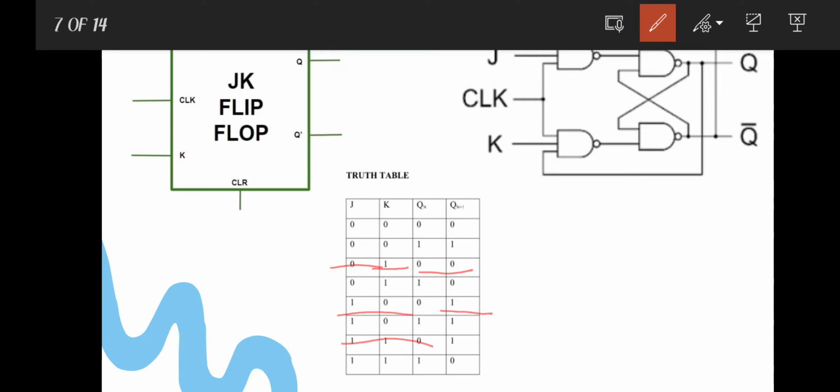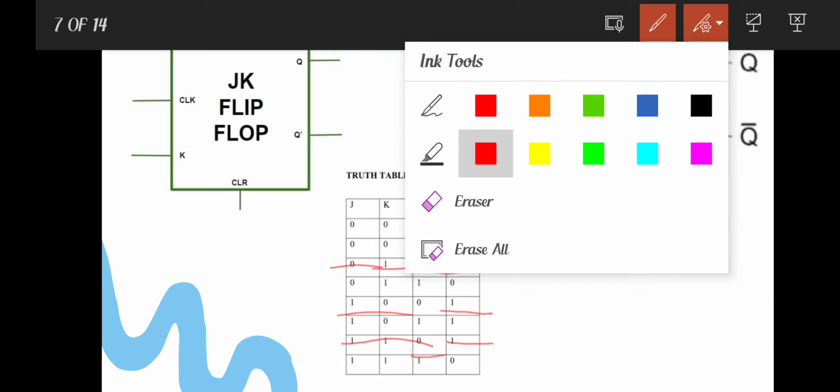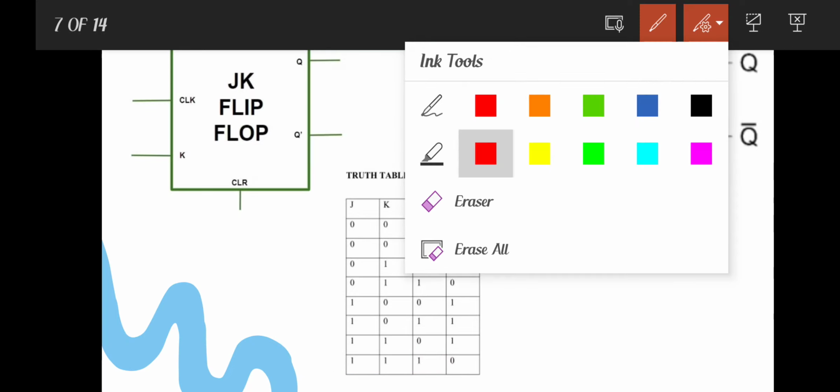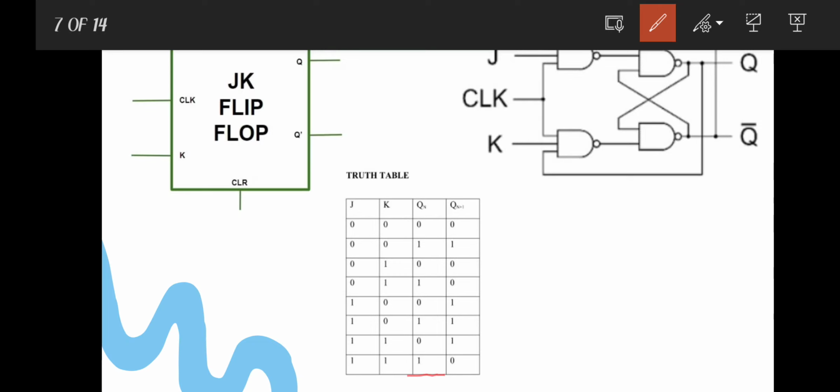That means if currently Qn is 0, then the next state Qn+1 will become 1, and on the other hand, if Qn is equal to 1, then in the next state Qn+1 will become 0.